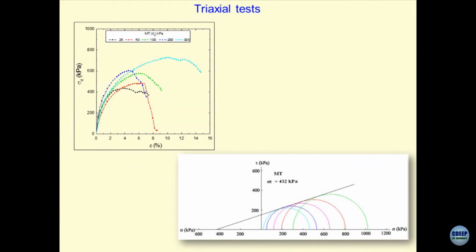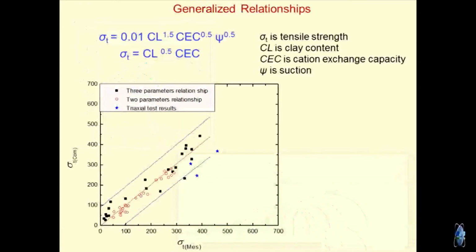You require different types of setups, in particular where extremely low values of stress and strain can be measured, and you require very sensitive setups. Then only can you get extremely small values of sigma t, and then this portion of the graph can be completed. So it is a hypothesis which is proven by some data points.